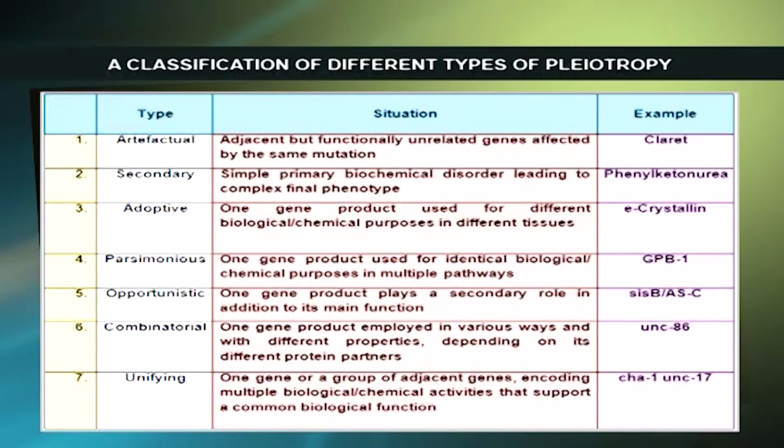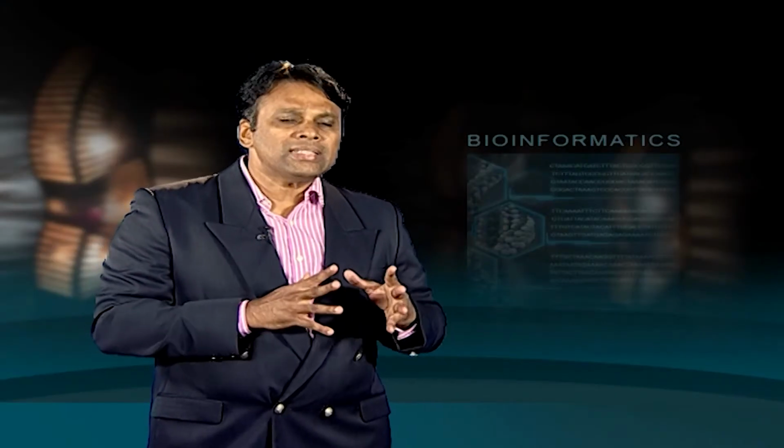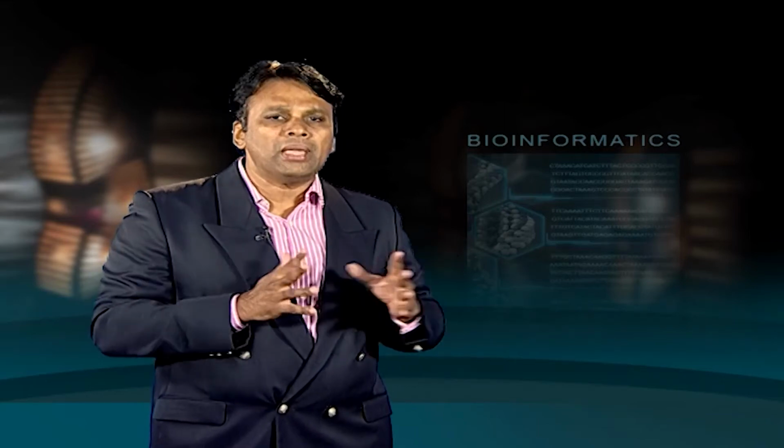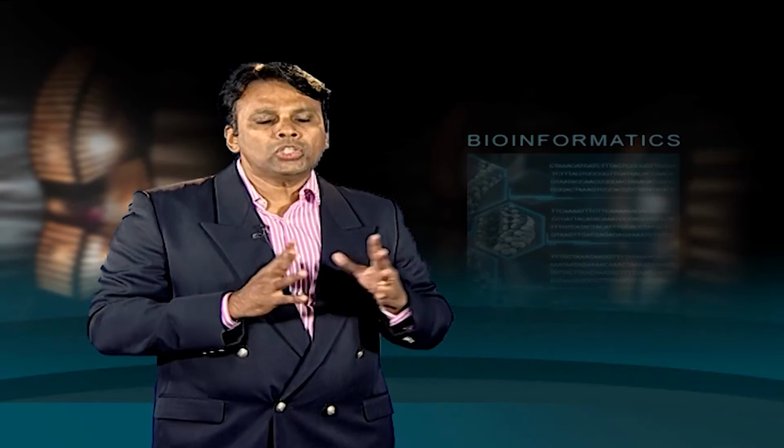Now, let us look into parsimonious pleiotropy. Parsimonious pleiotropy encompasses cases where the same enzyme catalyzes the same chemical reaction in multiple different pathways. An example is human guanylate binding protein, in short GBP1.